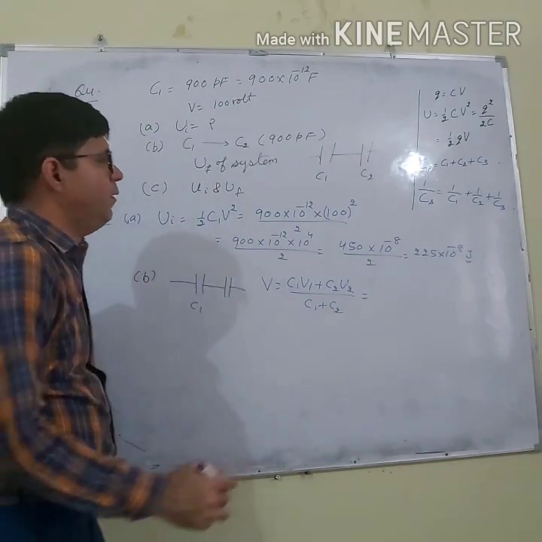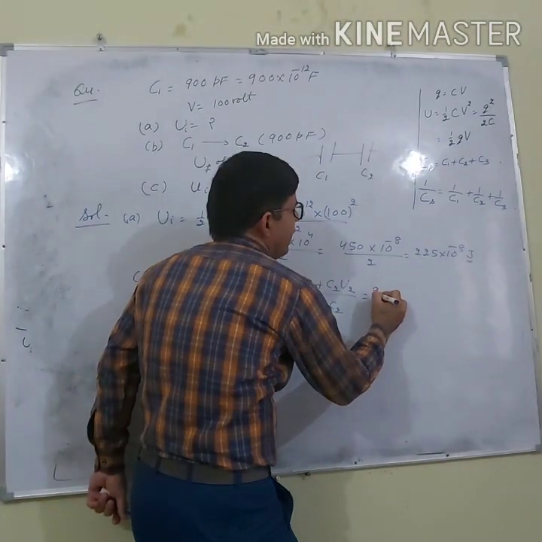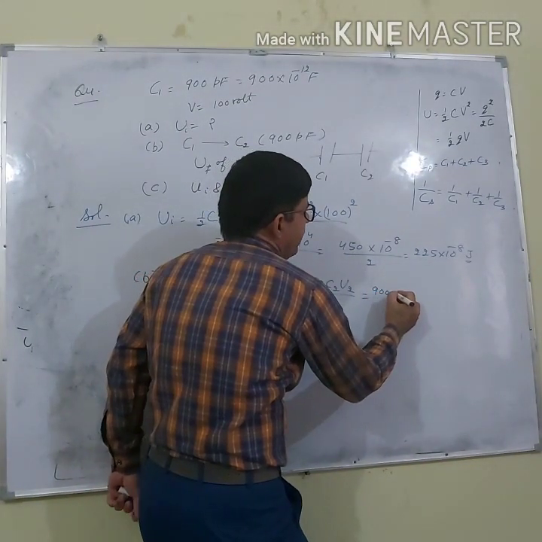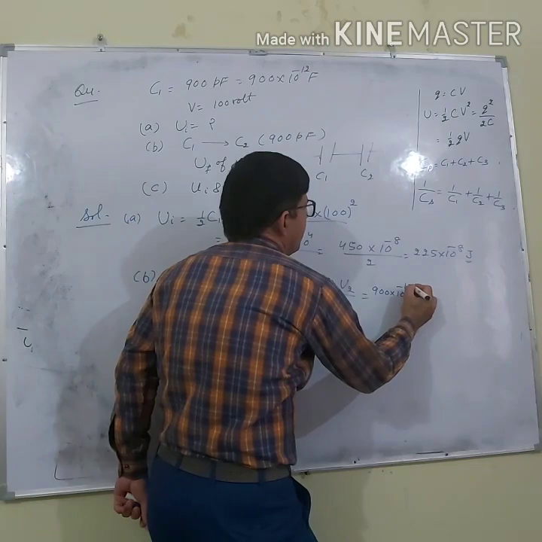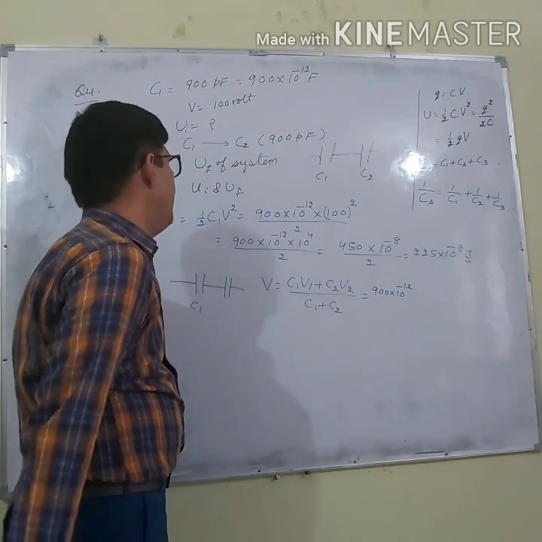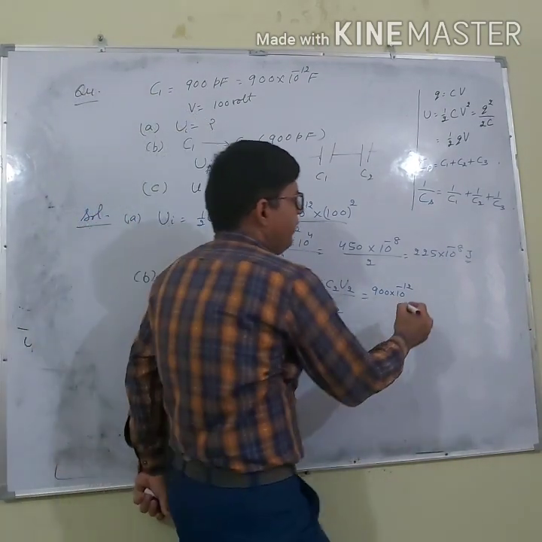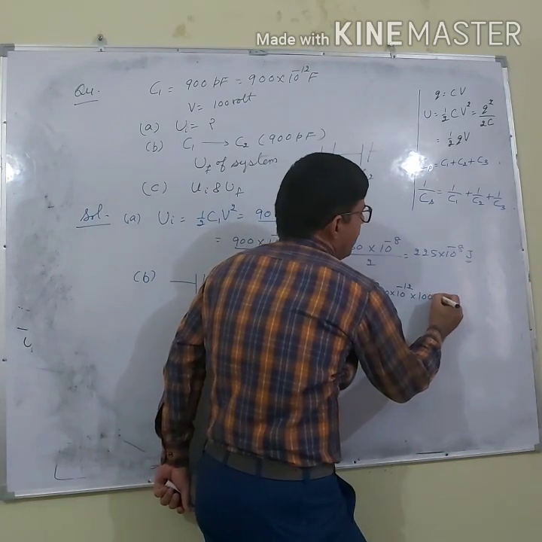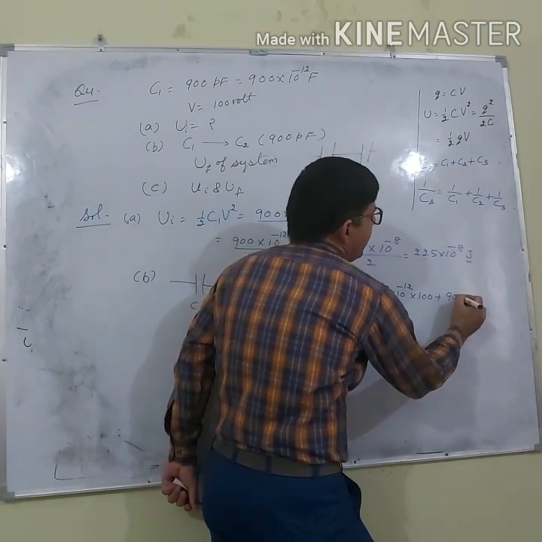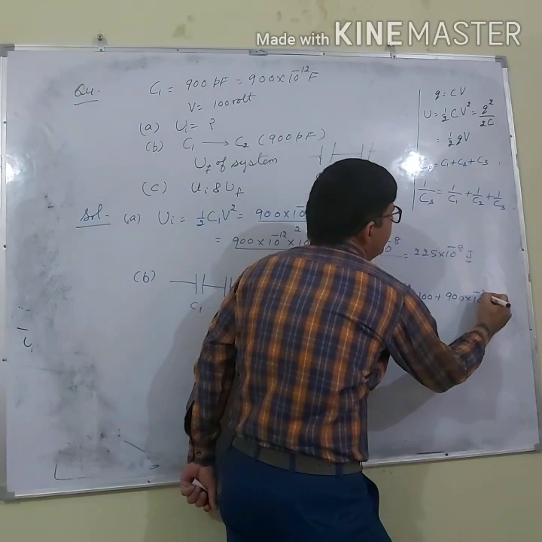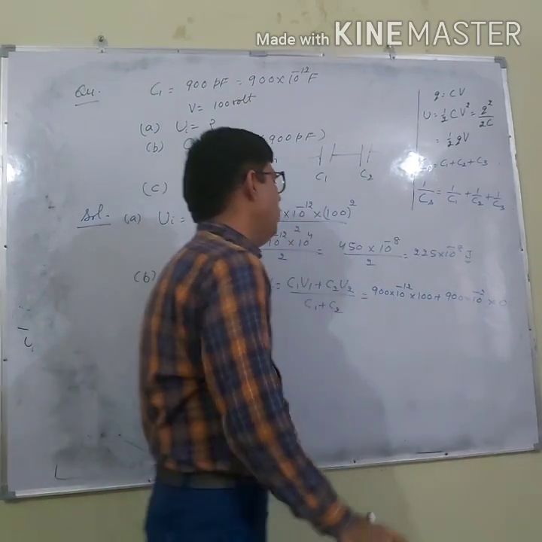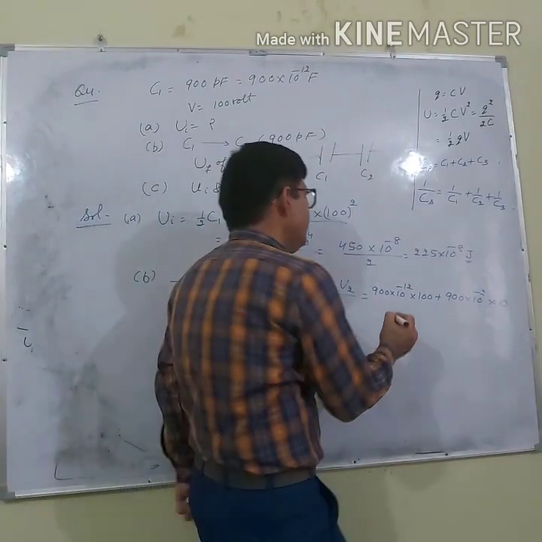What is C1? 900 picofarad, 10 to the power minus 12. And V1 is 100 volt. C2 is again 900 picofarad. And V2 is 0, because that capacitor was uncharged.